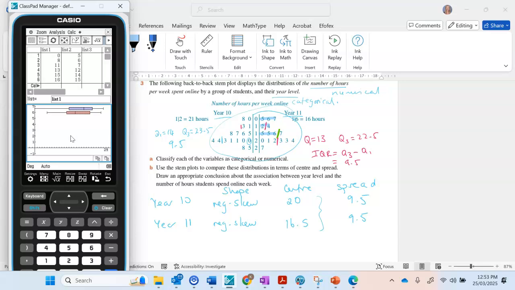And now they both look negatively skewed, remember I said they were negatively skewed? We've got a long tail for both of them. The median for this second one is a little bit more to the center. Which one was which? The blue one is year 10 and then the red one's year 11.